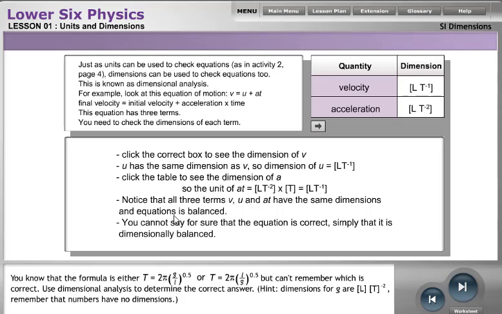Use dimensional analysis to determine the correct answer. Hint: the dimensions for g are LT to the power of -2. Remember that numbers have no dimensions.